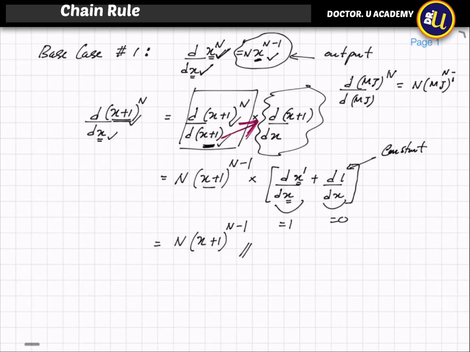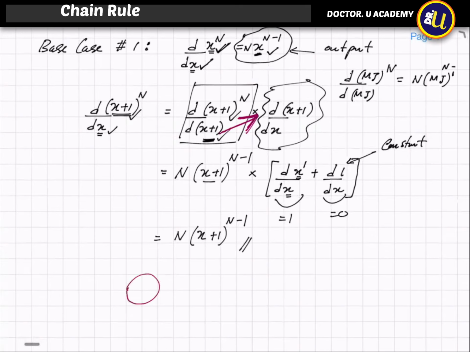It's a chain: you construct it and you cancel the construction. What is a chain? Like if you have a loop, the second loop is connected with this, right? Similarly, this rectangle is the first loop, and the other one would be the second loop. They are connected through d(x+1), through this term. That's why it is called chain rule.